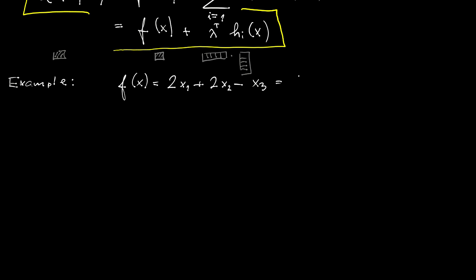If you like, you can rewrite it directly in vector format as [2, 2, -1] times x, where x comes from a 3-dimensional vector space.